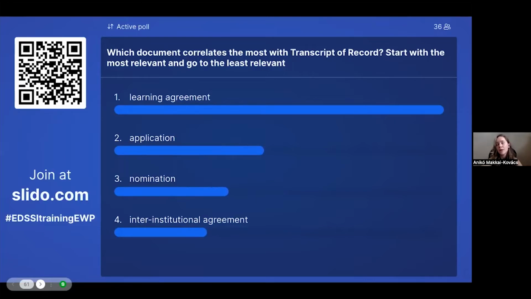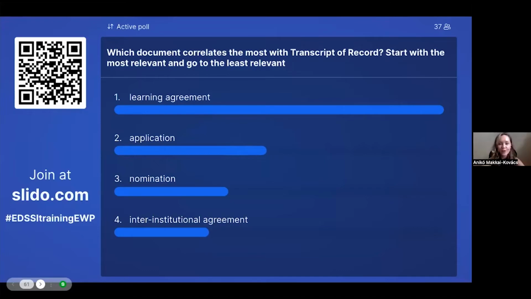The interinstitutional agreement plays an important role with the transcript of records, because you can set some rules for recognition already in the interinstitutional agreement. So all of your partners are aware what the criteria are for you to be able to recognize the subjects that your students are taking at their university.